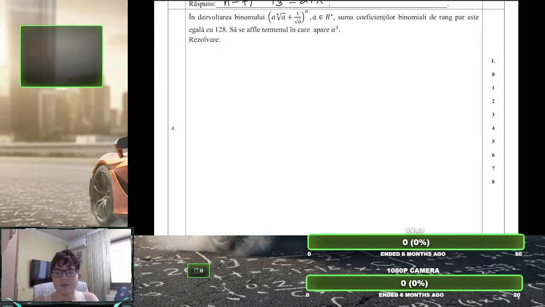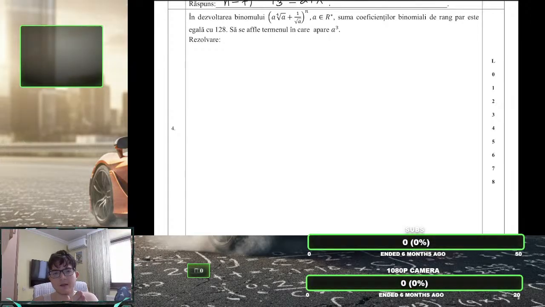Okay, now, like I said before, if it's 1, 3, 5, 7 or 2, 4, 6, 8, it's going to be 2 to the power of n plus 1 equal with 128. So based on that, you calculate the n.